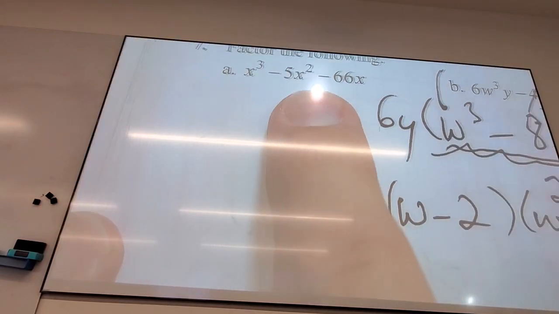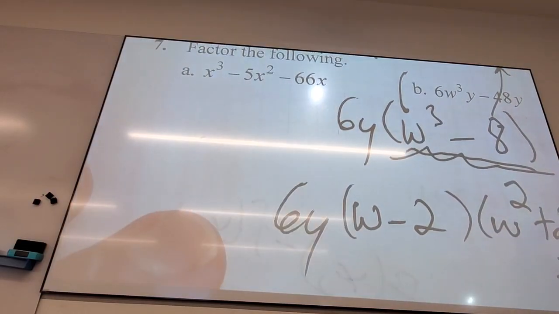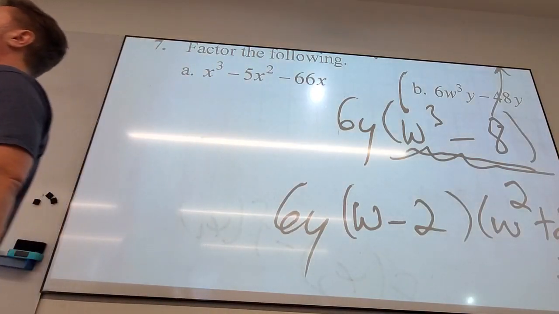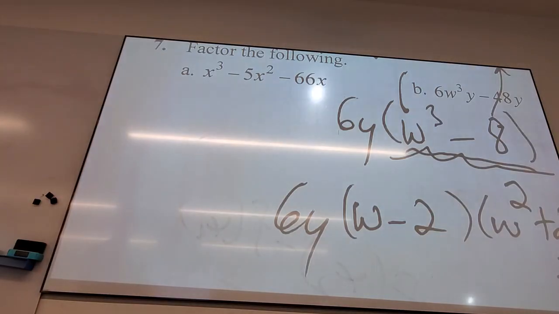So this is a beautiful example of what you are supposed to always try first. GCF. Is there a GCF? Yeah. Each term has one X at least, right? All right, so do that first. Take an X out.